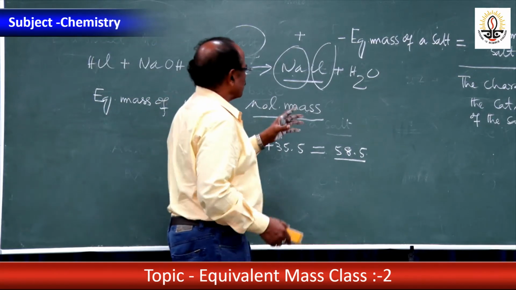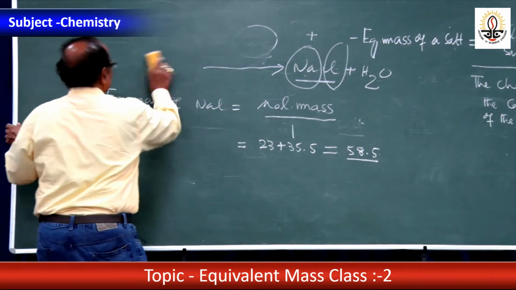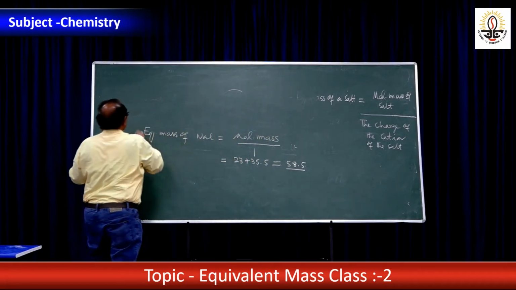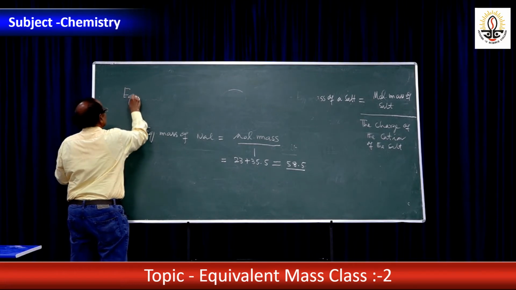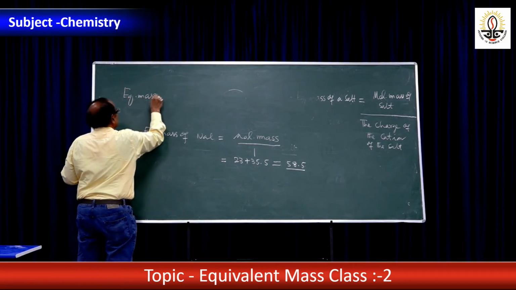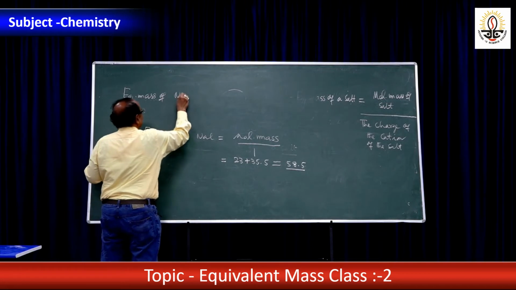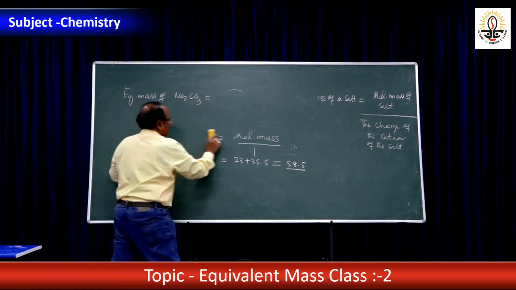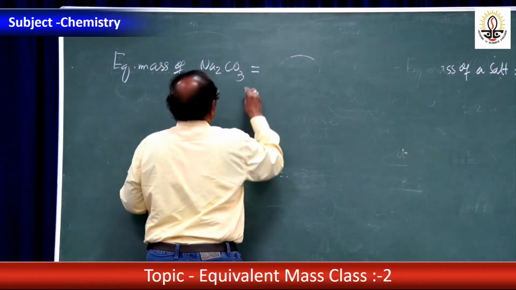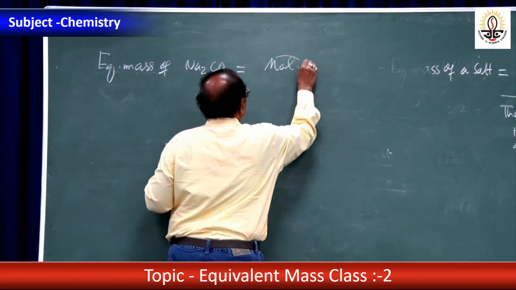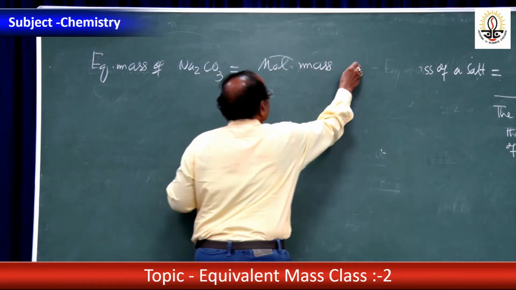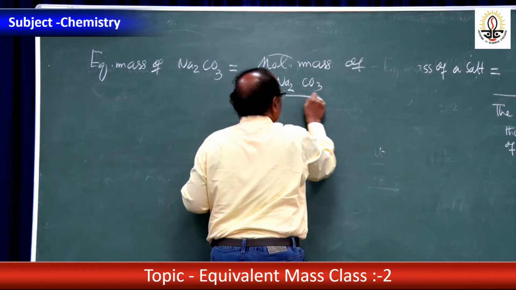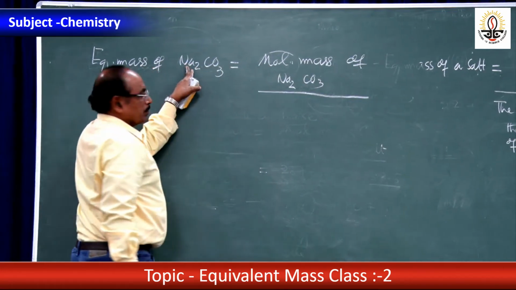So very easily you can say the equivalent mass of a salt is the molecular mass divided by the valency of the cation. Suppose it is sodium carbonate. The equivalent mass of sodium carbonate will be the molecular mass of sodium carbonate by, what is the cation here?